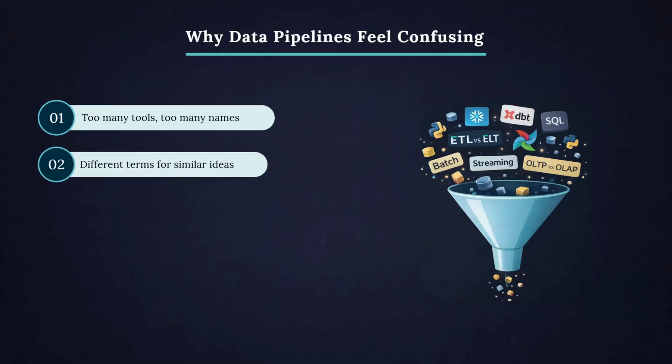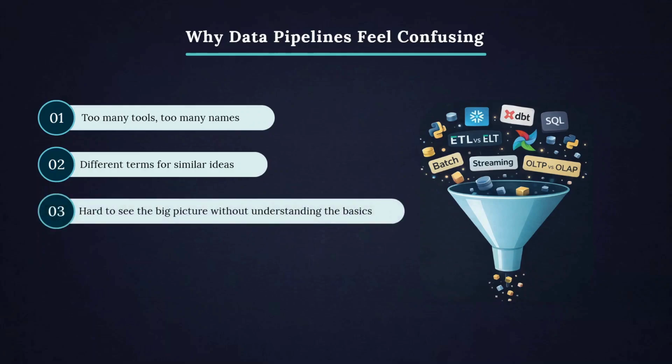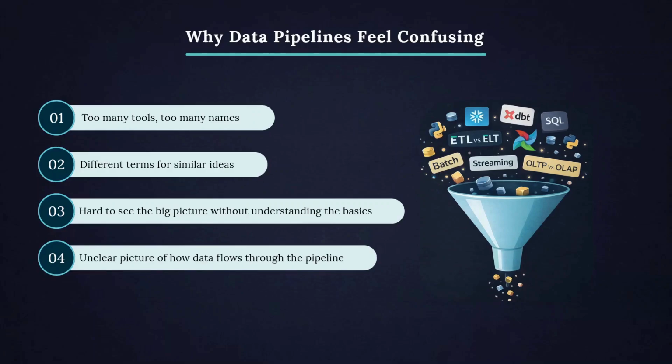On top of that, different terms are used for very similar ideas, which makes it even harder to connect everything together. Another challenge is that it's hard to see the big picture without first understanding the basics of a data pipeline. And without a clear picture of how data flows through a data pipeline, things can quickly start to feel disconnected.